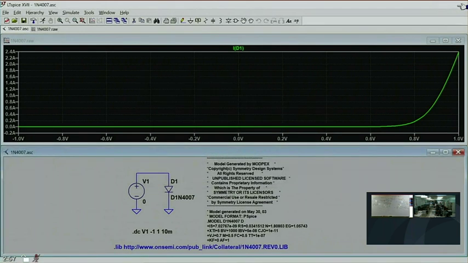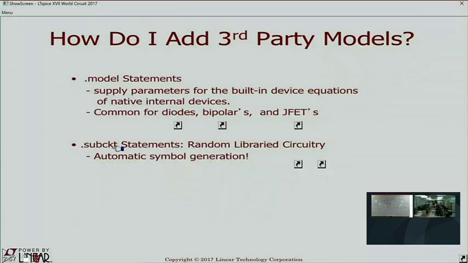Now, where people get confused is with subcircuits. People have a lot of trouble with subcircuits, and the problem is you don't have a symbol, so it's hard to get it connected into the simulation correctly. Now, most engineers, after you've been doing electrical engineering for a while, get familiar with netlists because you have to verify a layout against the schematic.